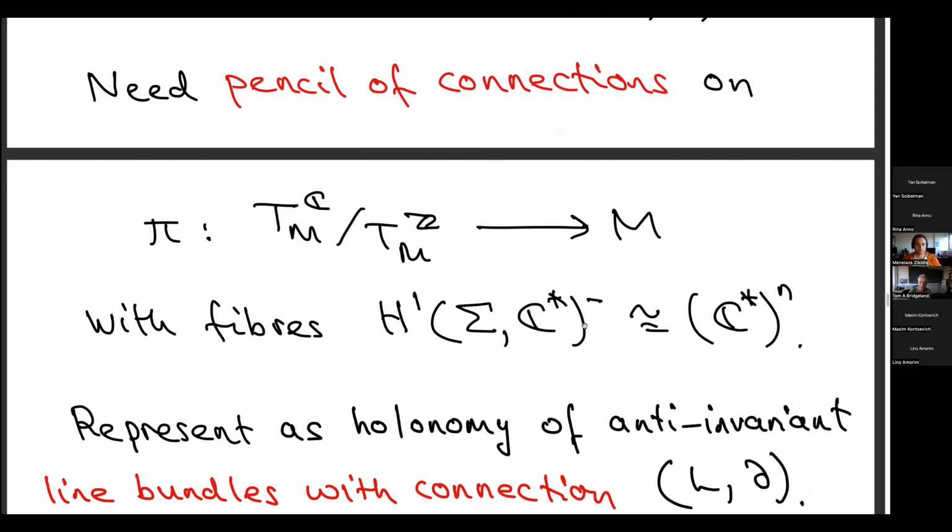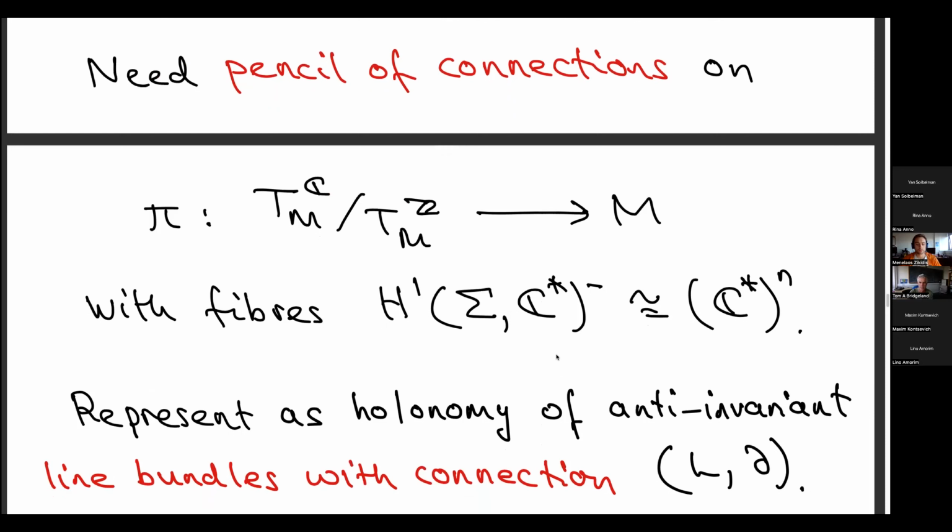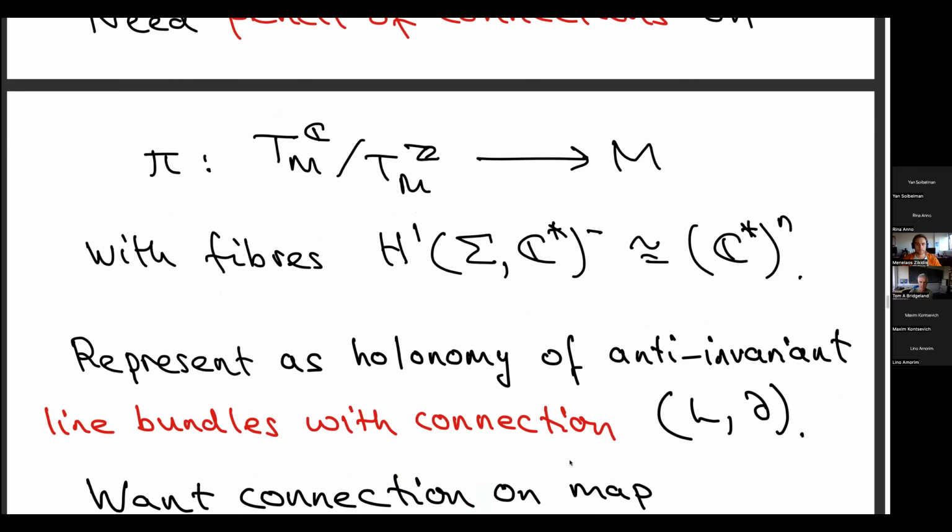We need to write a connection on this map, and we can represent classes in this cohomology group, via the Riemann-Hilbert correspondence, if you like, as the holonomy of anti-invariant line bundles with connection. So we think of a line bundle with a holomorphic connection. The holonomy of that will live in here, and that gives you an identification.